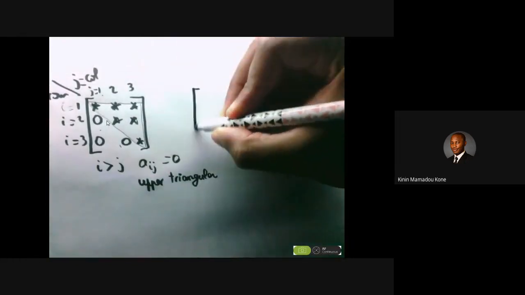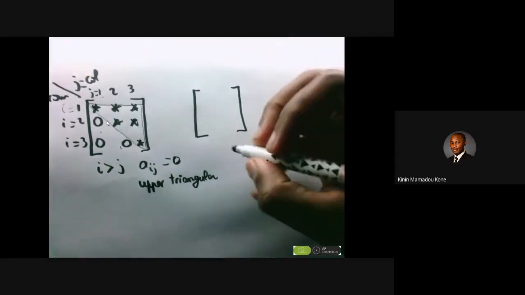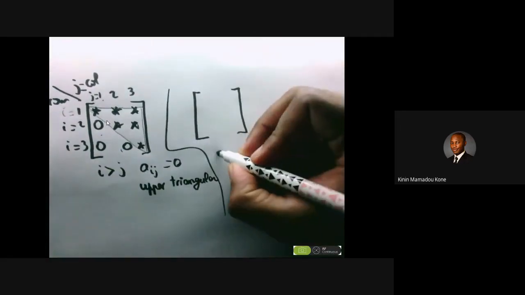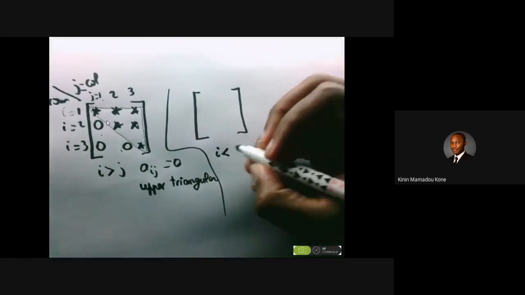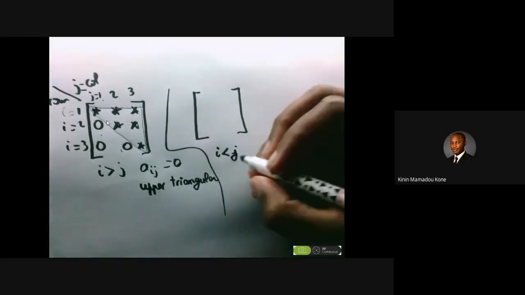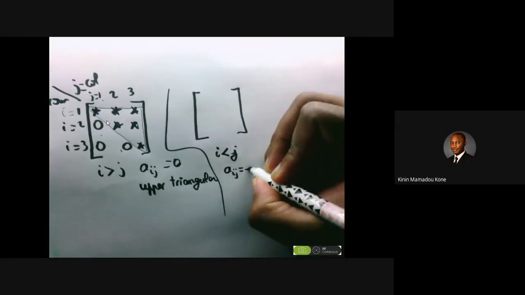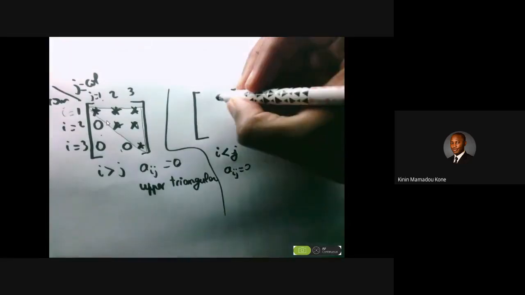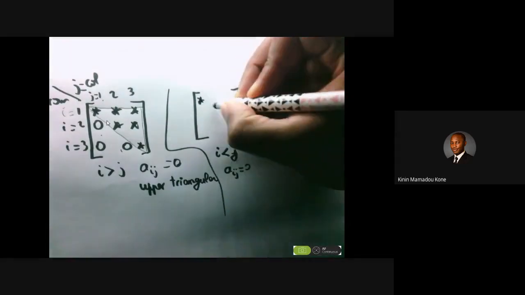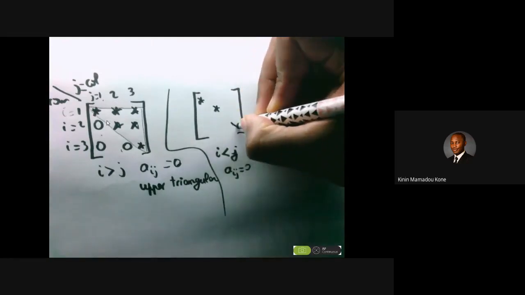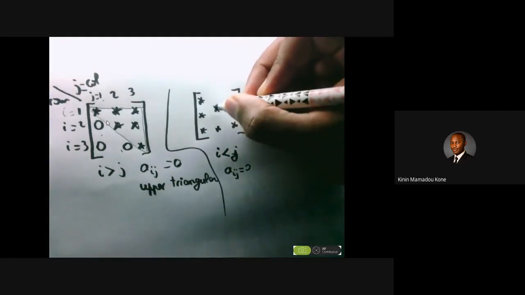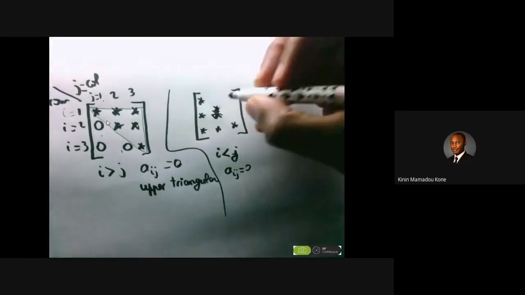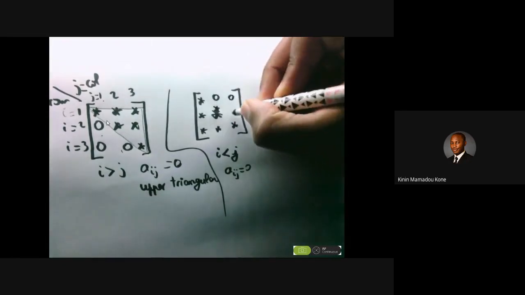Now when you have a matrix where for every entry such that i is less than j, the ij entry equals 0, you have entries here, here, here, and here, but here you have 0, here you have 0, here you have a 0.